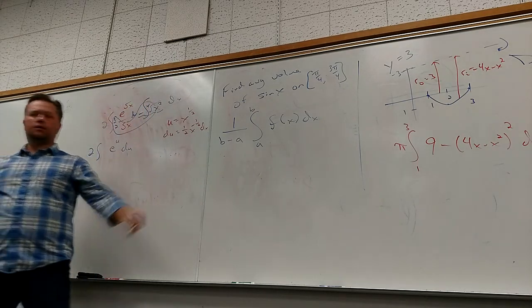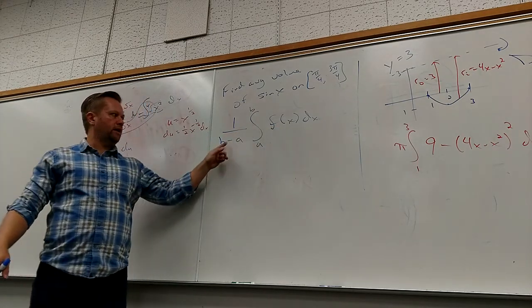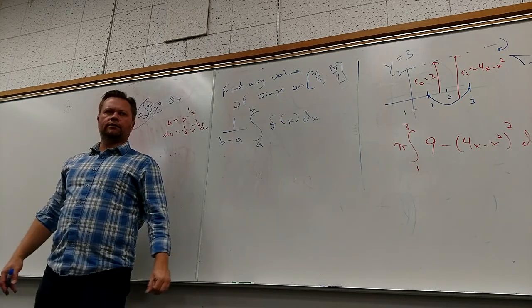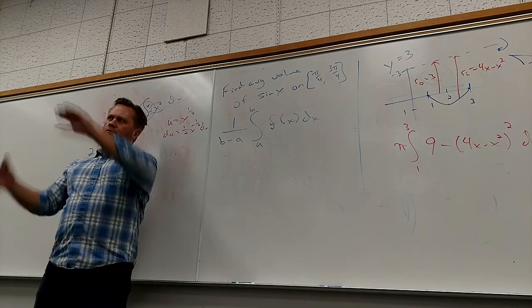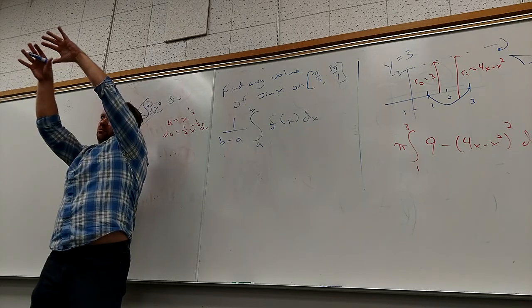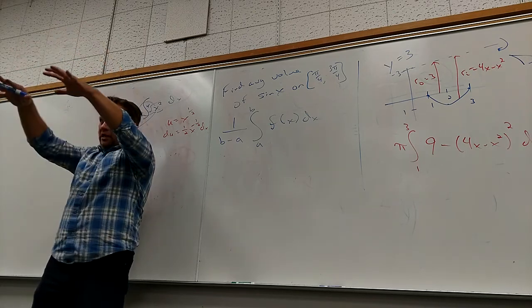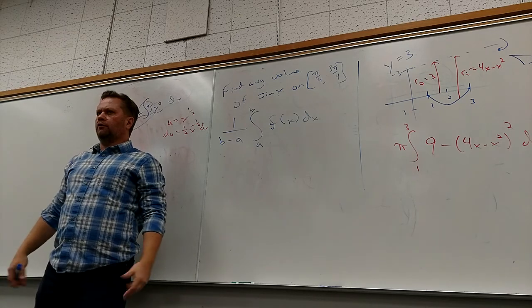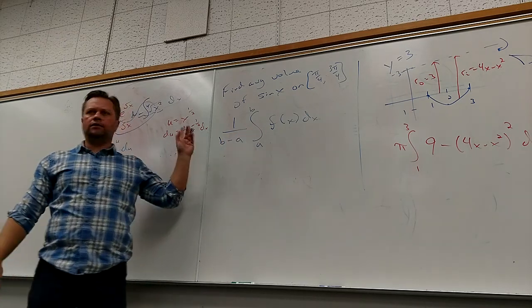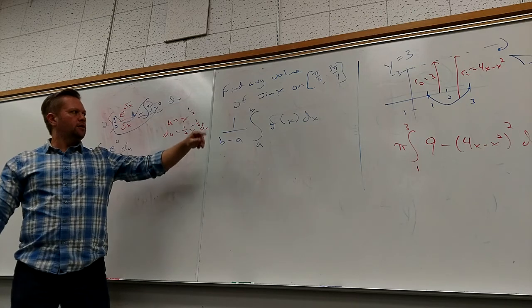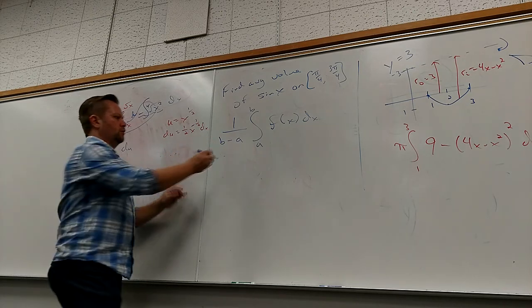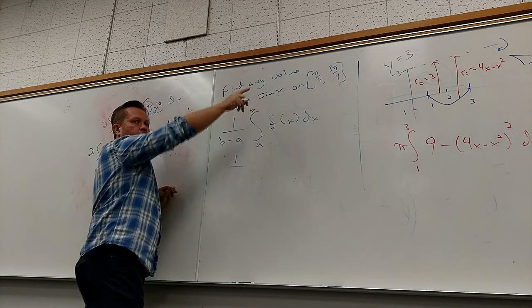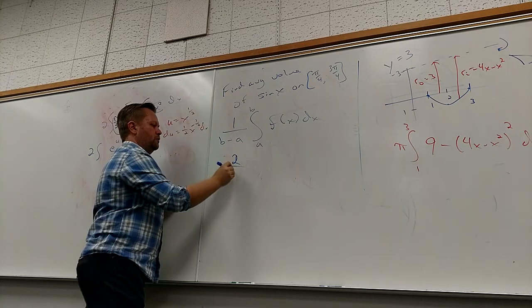It's the average. Add them all up, divide by how many there are. That's sort of the rough idea. It's more of making the area into a rectangle and then seeing how tall the rectangle would be. That makes more physical sense, but you can still kind of see the idea of average. So this would be 1 over what? Yeah, 2 pi over 4, so 1 over pi over 2, which is 2 over pi.